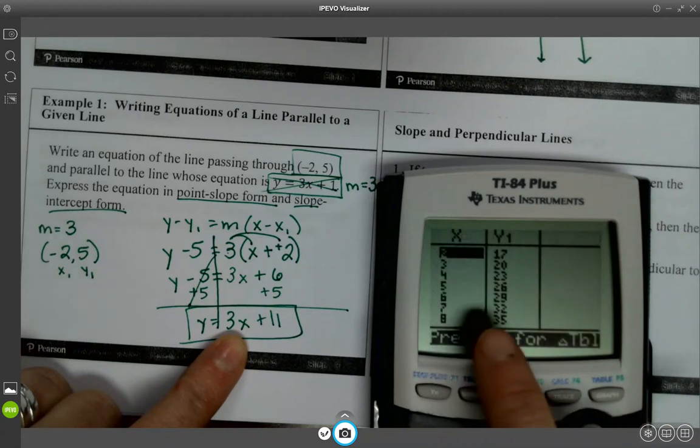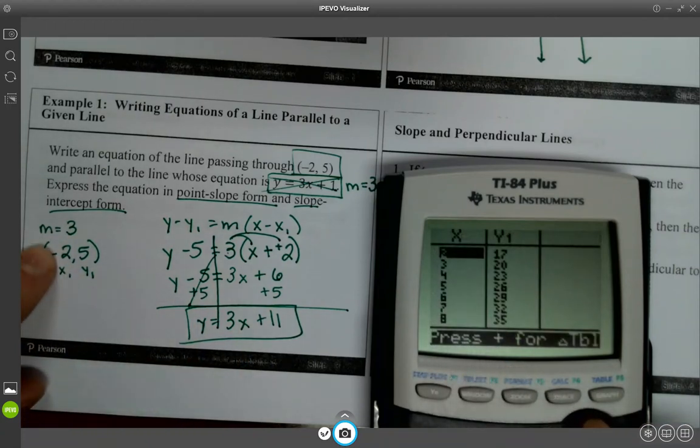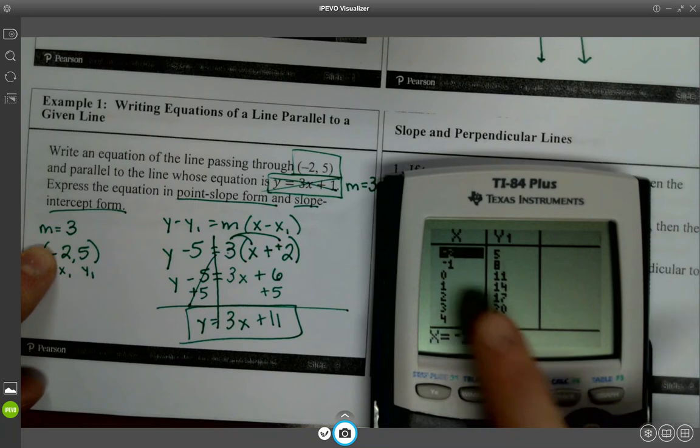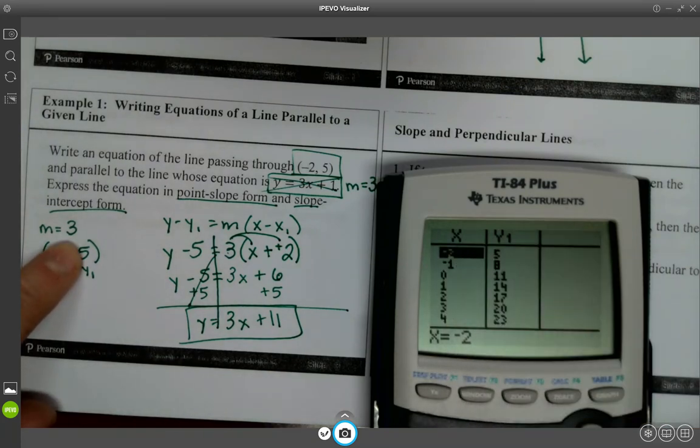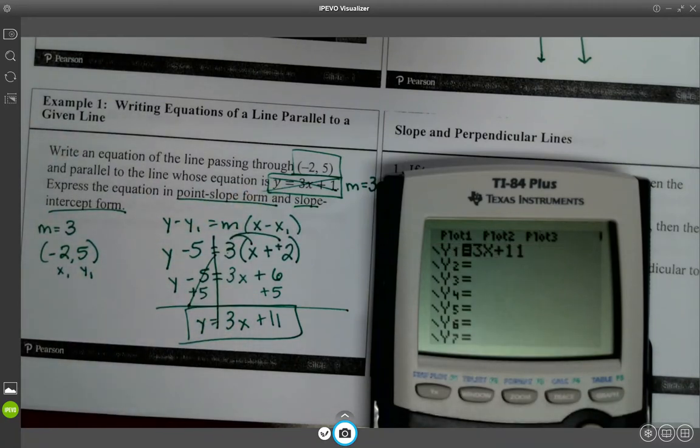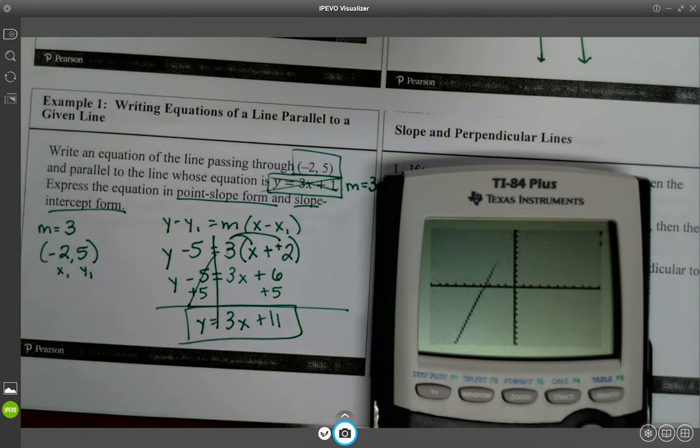And I'm going to go to the table of values and make sure that (-2, 5) is a coordinate, which it is. And we know they're parallel because they have the same slope. But I'm going to go ahead and put it in anyway. So 3x plus 1. Now hit graph. And you can see that they are parallel.